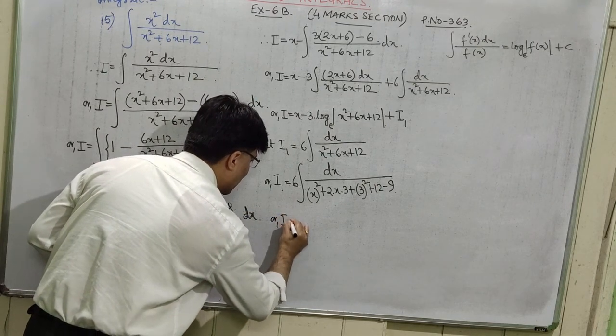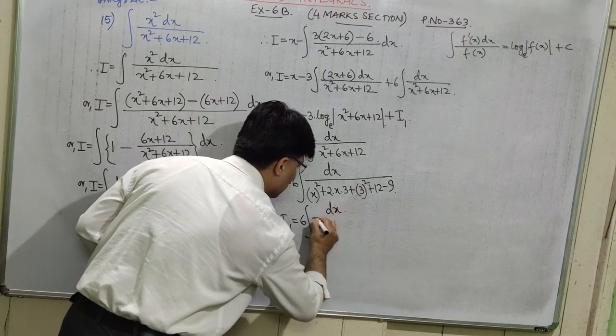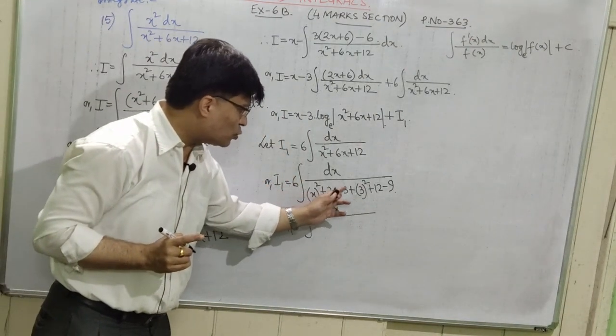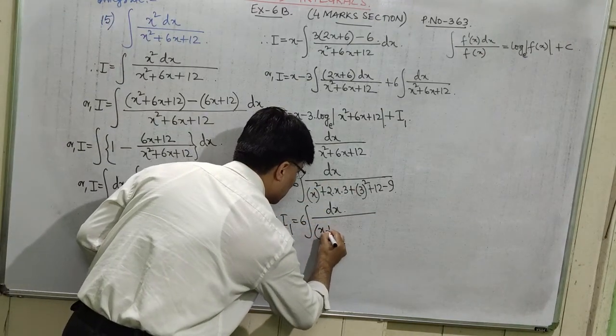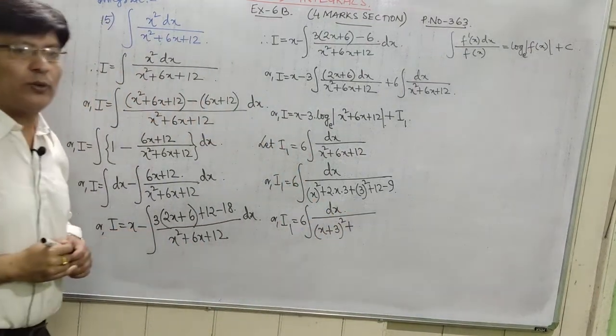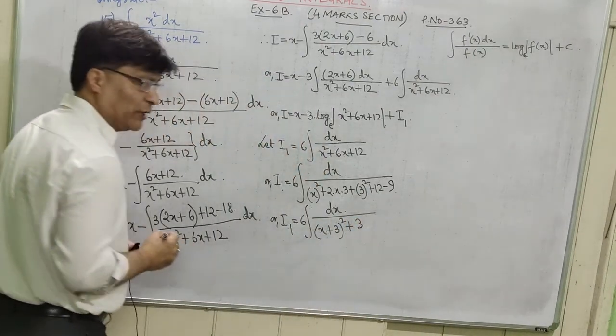So I1 is equal to 6 integration of, this is your dx divided by, so now this is a square plus 2ab plus b whole square. What is the formula? It is x plus 3 whole square plus, what is 12 minus 9? It is 3. So let us write here 3.